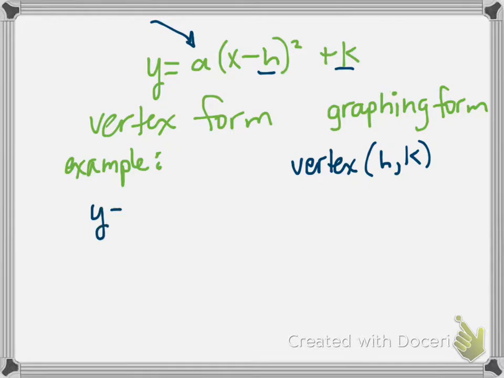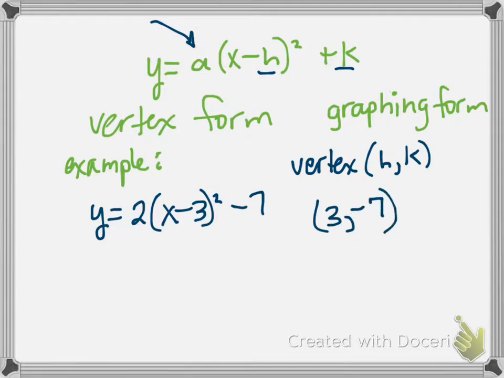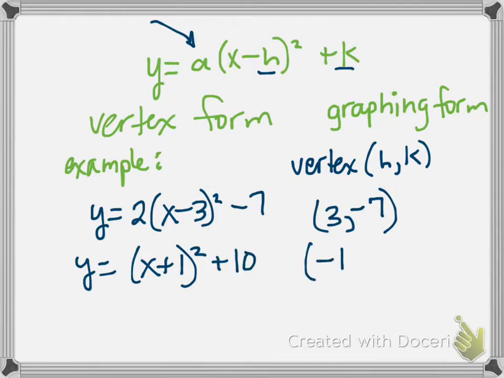So let's say we have this function here. The vertex would be (3, -7). If we have this function here, the vertex is (-1, 10).